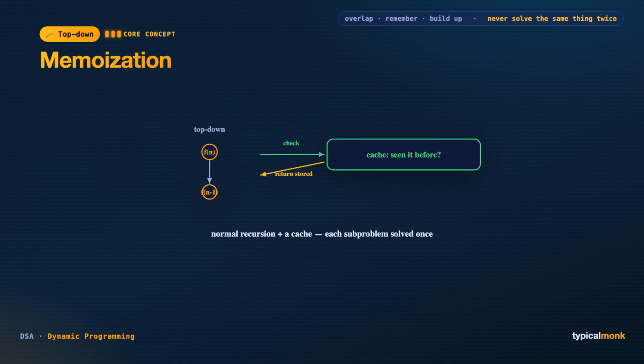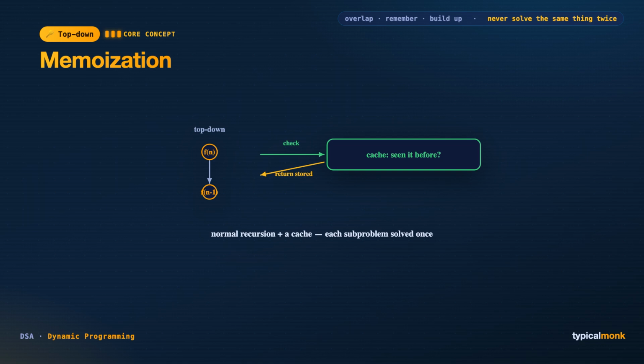This tiny addition transforms performance completely while barely changing your code. You write essentially the natural recursive solution, the one that follows directly from the problem's definition, and by adding a cache and that one check, each distinct subproblem is computed exactly once instead of exponentially many times. Naive Fibonacci with memoization goes from hopelessly slow to instant with just a few extra lines.